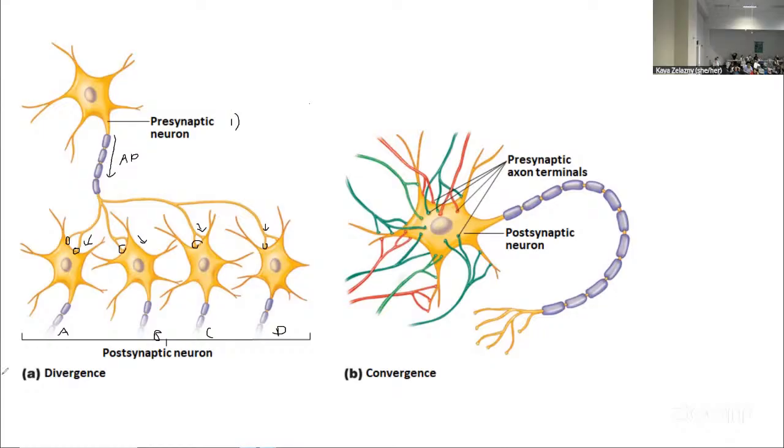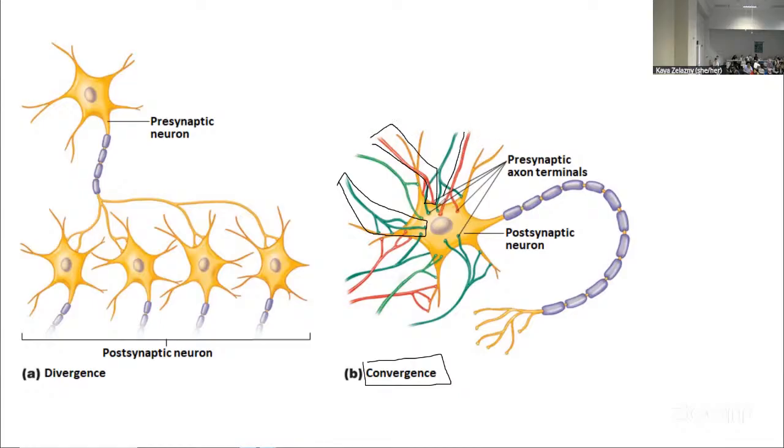And then the complicated one for us, where we have to think about how things are going to sum up, how we add things together, is the opposite. So convergence, coming together, we're converging. In this case, we see lots of different presynaptic neurons here. If we're zooming out and not focusing on just one synapse, we've got communication from a lot of different places.